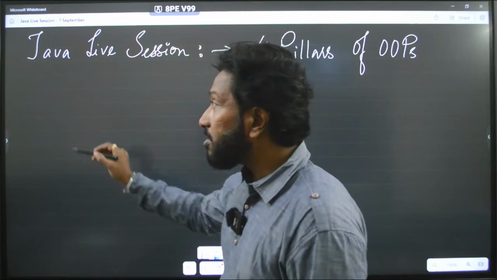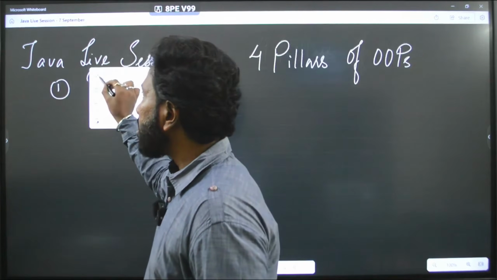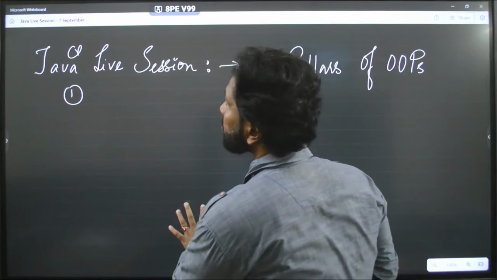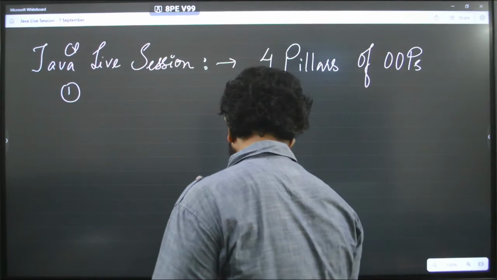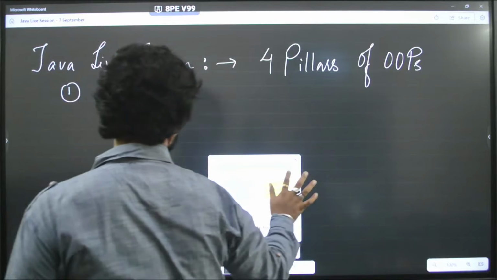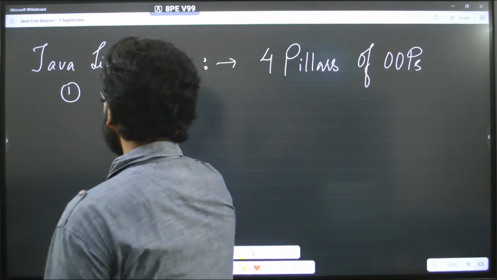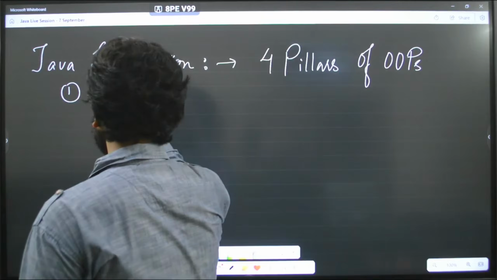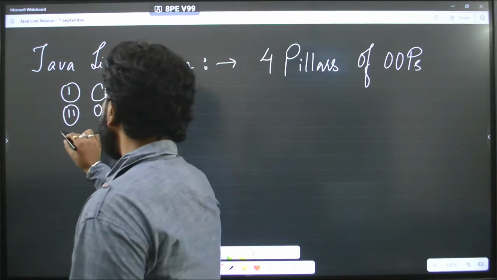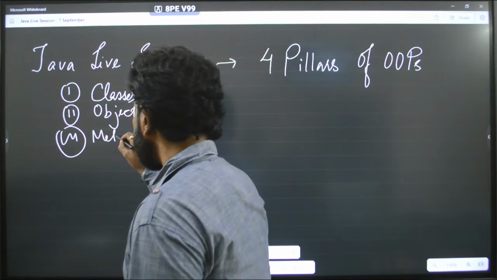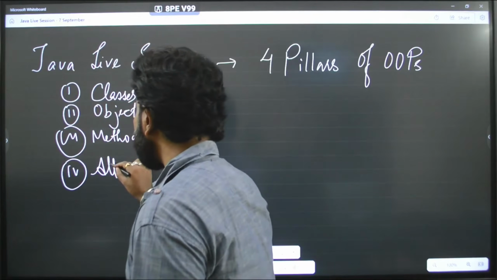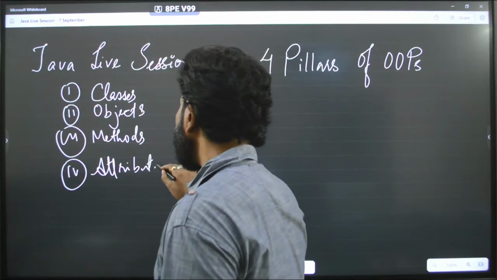Till now guys, we have learnt about number 1, classes, we have learnt about objects, we have learnt about methods, we have learnt about attributes, correct?